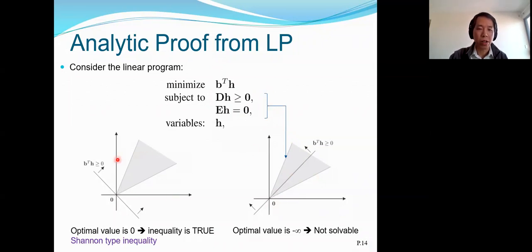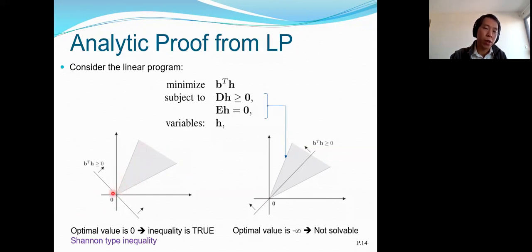Let us first look at the picture on the left-hand side, and this is how we define the cone. For this information inequality, Bh, we want to minimize it. In this picture, what it means is that we draw a line here and move it to the left bottom side as long as we can still touch the feasible set in this cone.